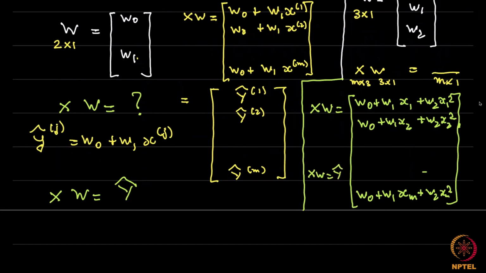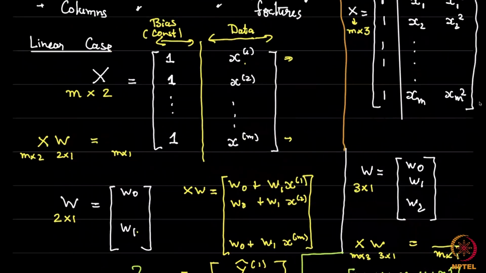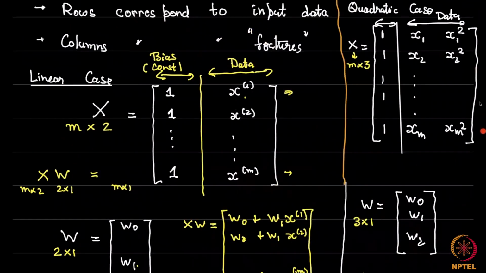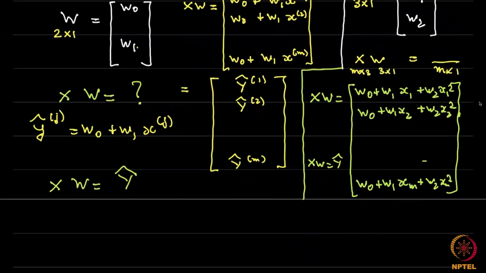In general, you can see this fairly quickly. Suppose I had a cubic model and I added one extra column here and made that X cubed, and my W's went to W0, W1, W2, W3, then once again XW will be Y hat.